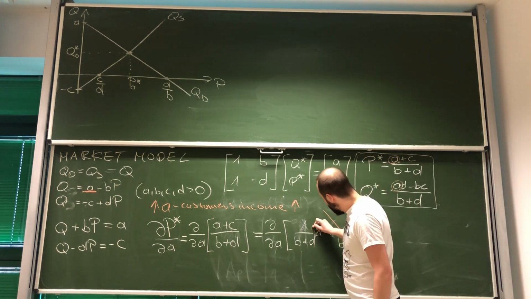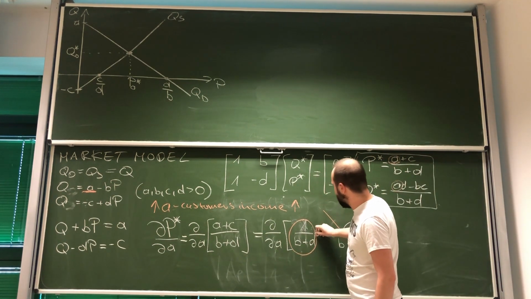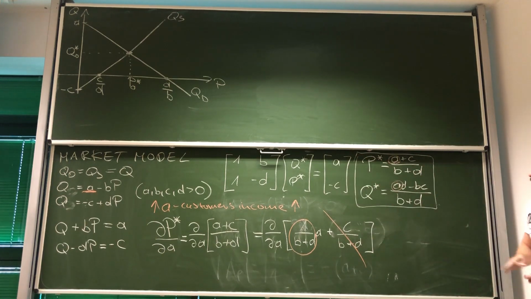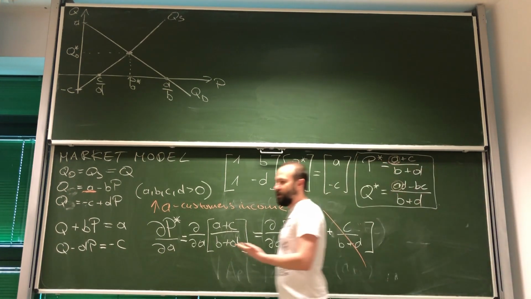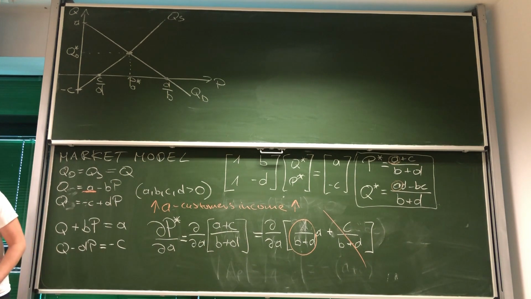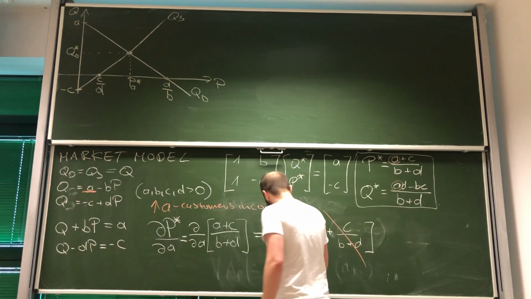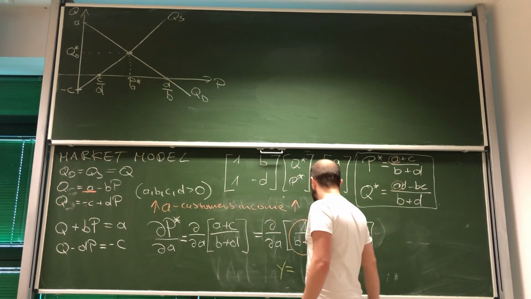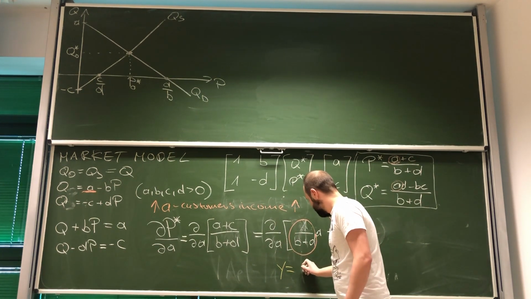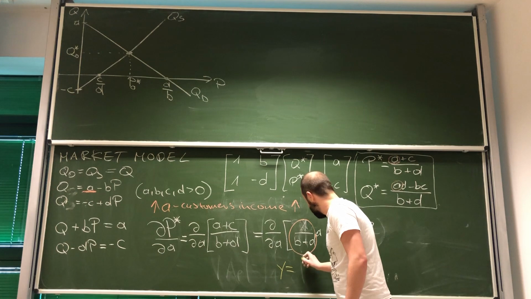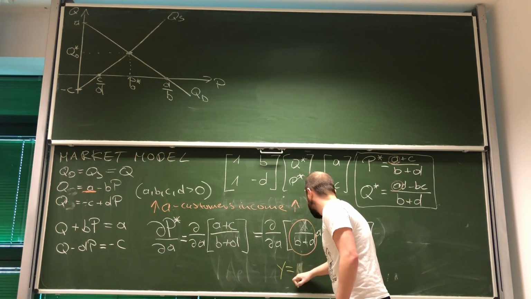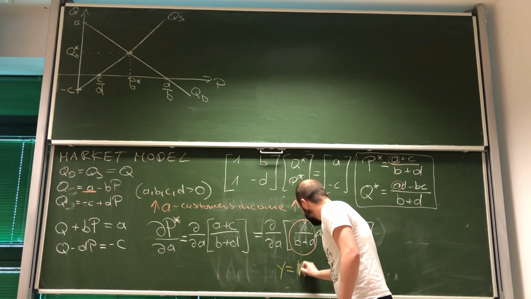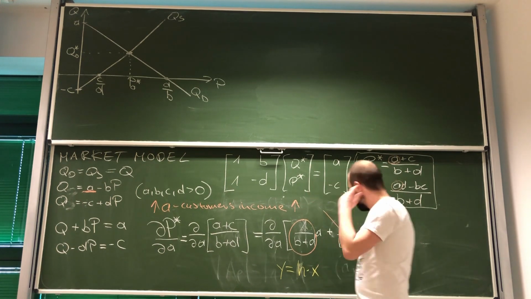Why? Because look, you can think about this expression simply as a coefficient on A. Look, imagine that you would have something like this: Y equals, I don't know, E, maybe E is not the best choice, H times X, right?